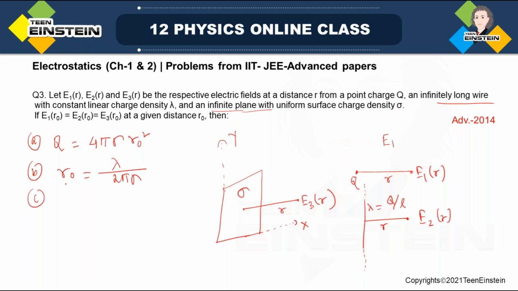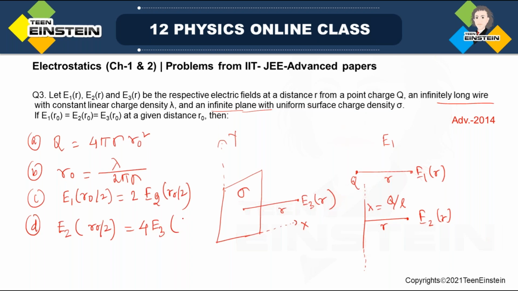Option C says E1(R0 by 2) is equal to 2 times E2(R0 by 2), and option D says E2(R0 by 2) is equal to 4 times E3(R0 by 2).